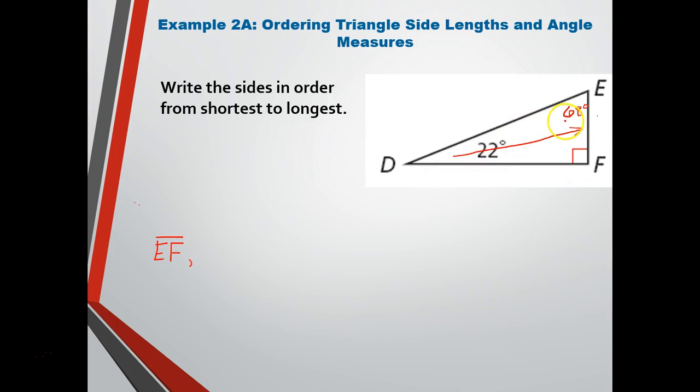The next one is going to be 68 because this is 90 degrees right here, and its opposite side is DF. And then the longest side is this last one, the one opposite of the 90-degree angle, which is DE. And we're done.